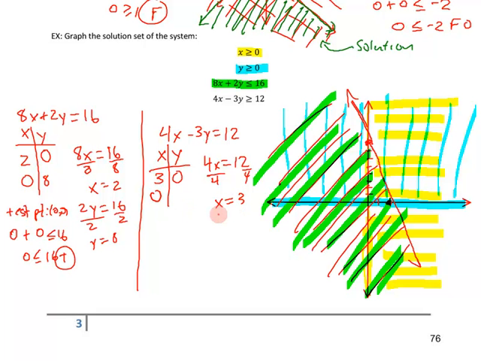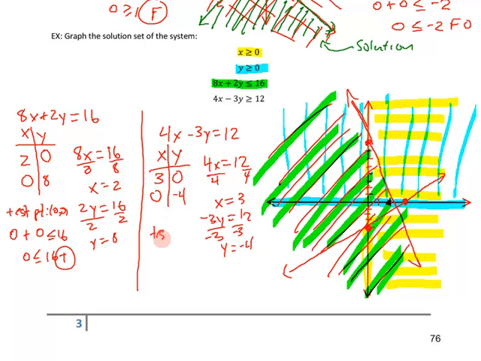Plug in 0 for x, I get negative 3y equals 12, or divide both sides by negative 3, I get y is equal to negative 4. So I go over 3, which puts me right here, up 0, and I go down 4. 1, 2, 3, 4. It's right here. There's my line.